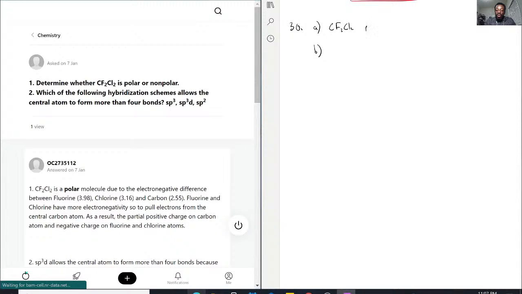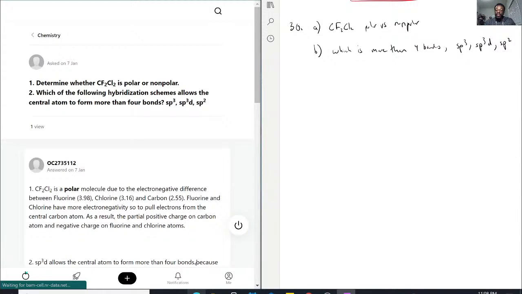So CF2Cl2, polar versus nonpolar. With this, I want to write down both questions first. And which is more than 4 bonds? That is, as I said, sp3, sp3d, and sp2.